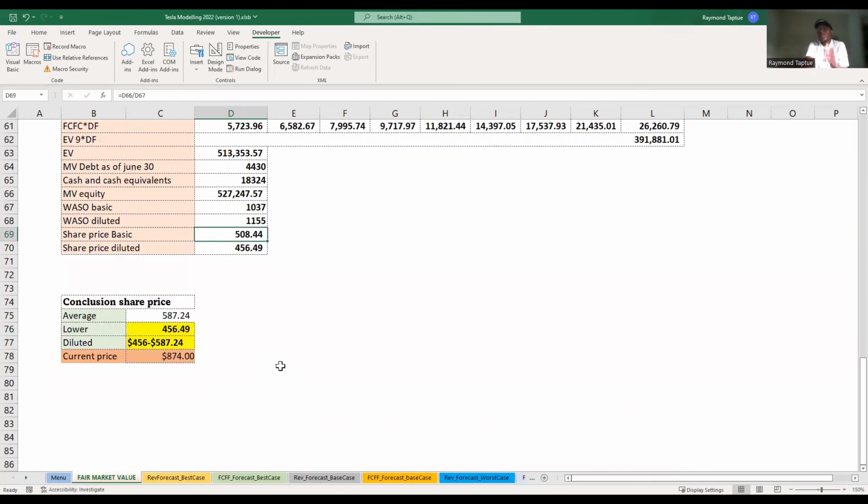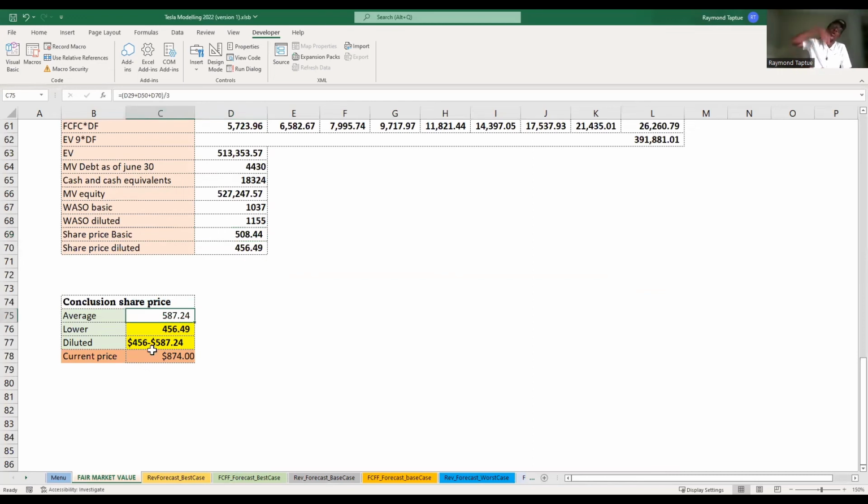I actually believe that the approach that I used was to say, okay, I'm going to average the values that I get using the best case scenario, the base case scenario, and the worst case scenario. So I will average the highest point to get about 587.